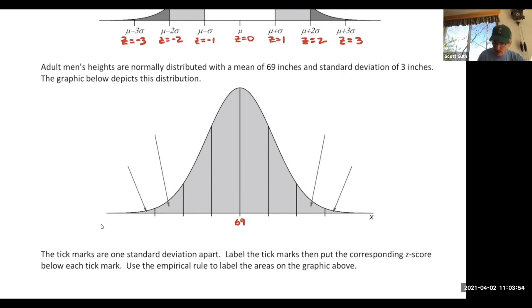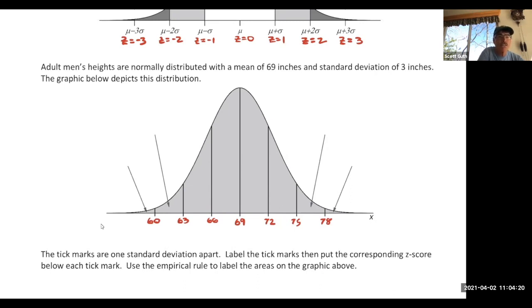The standard deviation is 3. So we're just going to add 3 to the 69 to get 72, and then just keep adding 3. There's 3 standard deviations above the mean, and then subtracting 3 on the other side. Okay, that's 3 standard deviations below the mean.